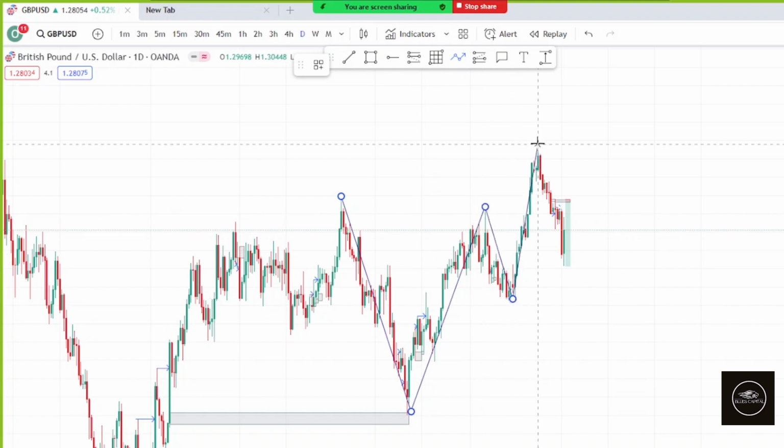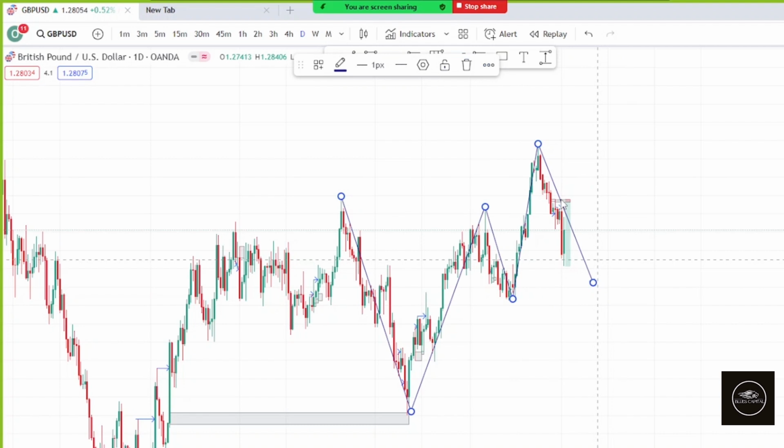Market created a what? This is the last high that market created. So now market is retracing something like this, or actually it might pass this level. But for now, this is a retracement. That's what I'm trying to show you guys.